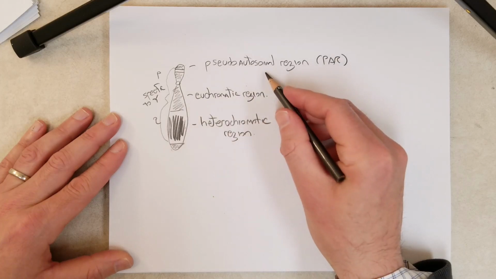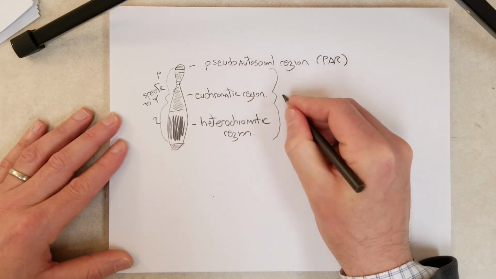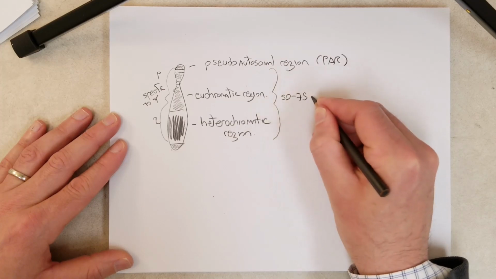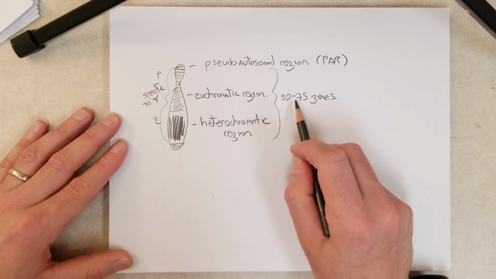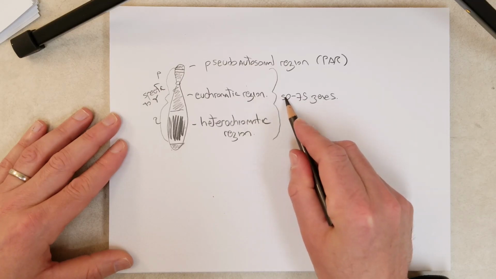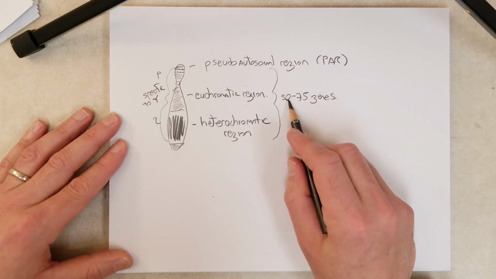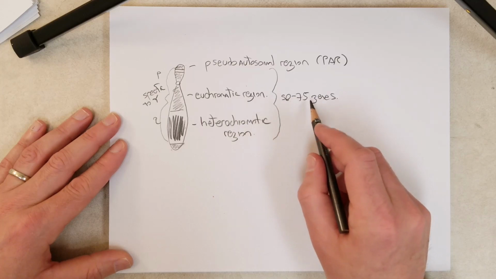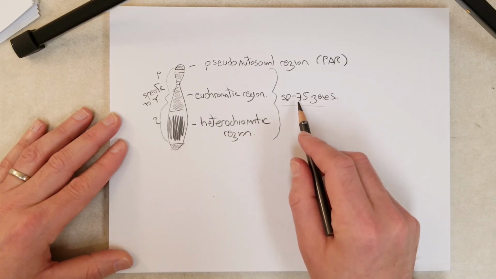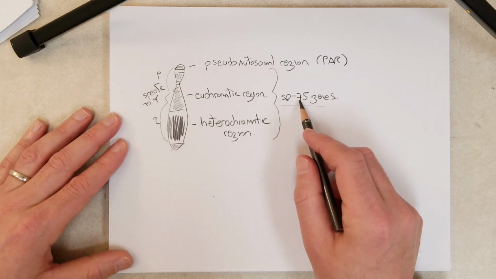Now the Y chromosome only has 50 to 75 genes, and I don't know why we don't have a definitive number here. But we're going to leave it at 50 to 75 genes, and maybe all the genes haven't been characterized yet, or maybe scientists can't tell if some genes are functional or if they're relics.